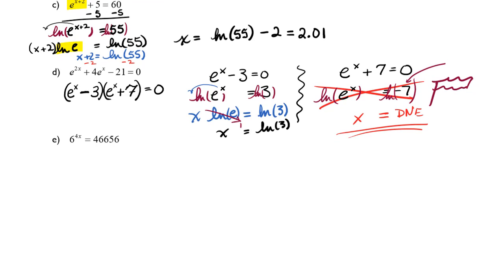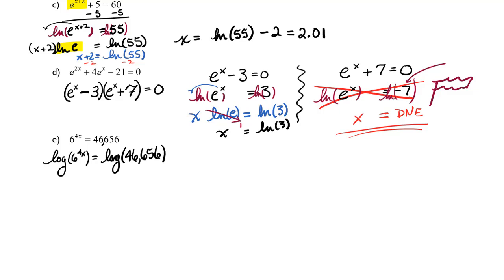Next, and lastly, for the exponential equations here, we've got 6 to the 4x equals 46,656. So we're going to take log of 6 raised to the 4x equals log of 46,656.